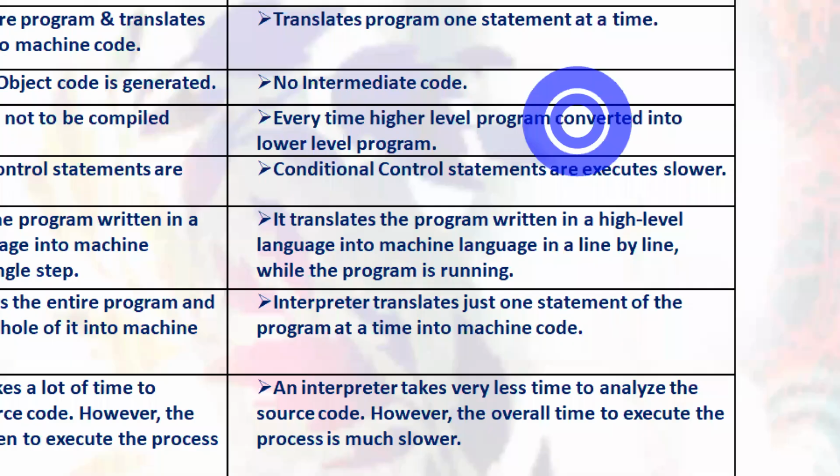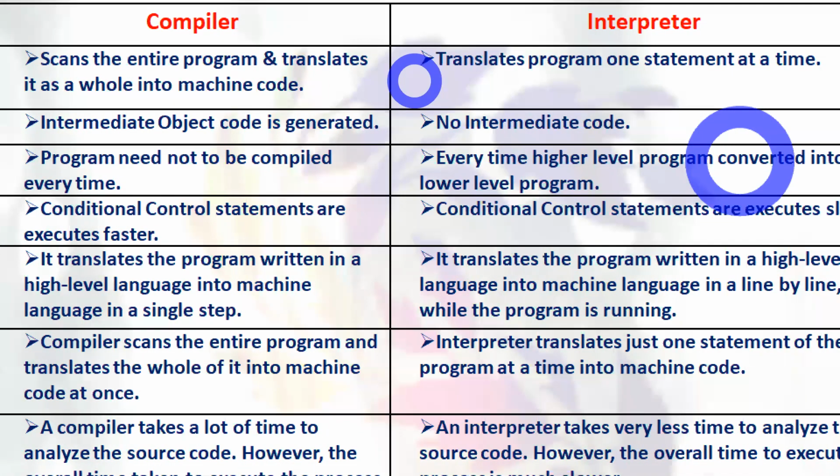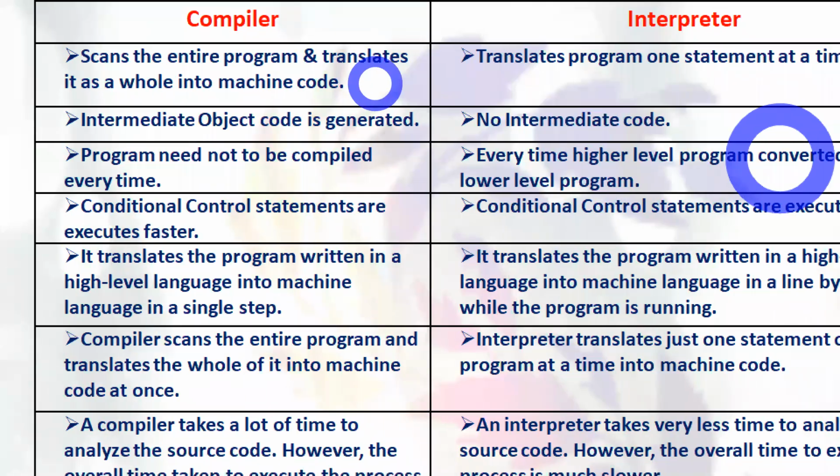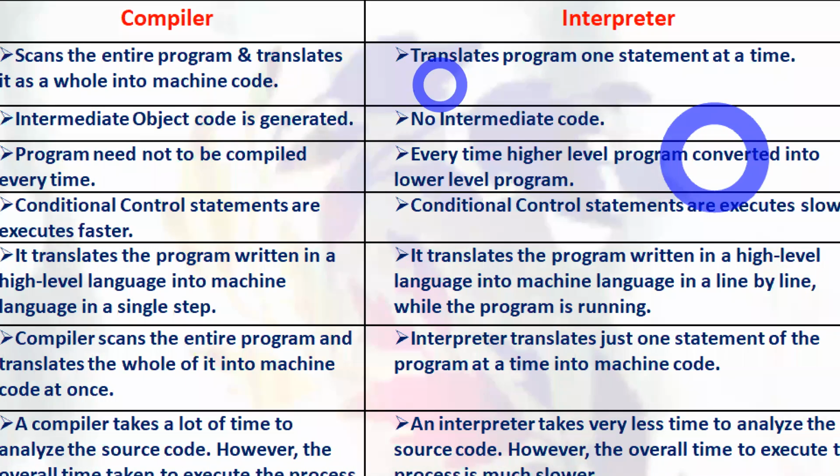Okay, I explained that in the real world environment. Here we go with some more differences between compiler and interpreter, just what we had discussed. The compiler scans the entire program and translates it as a whole into machine code. The interpreter translates the program one statement at a time, line by line.